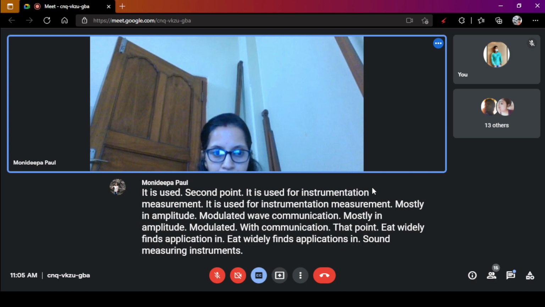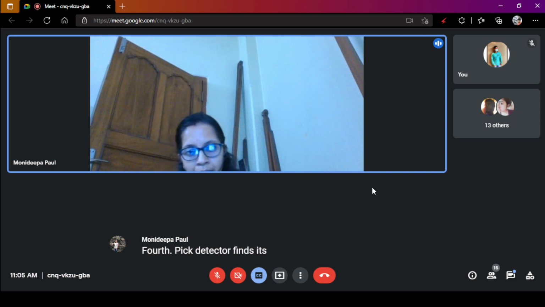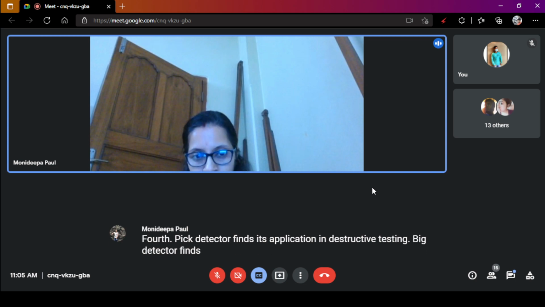Fourth: peak detector finds its application in destructive testing.